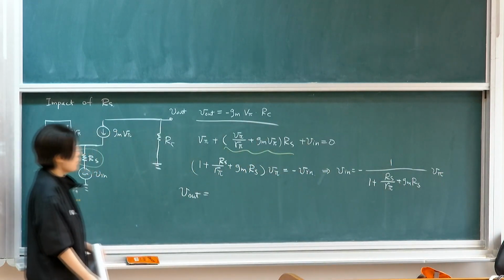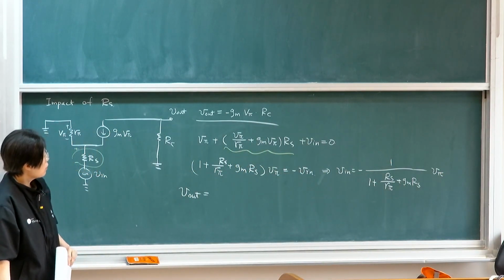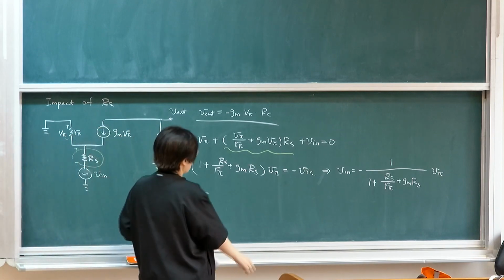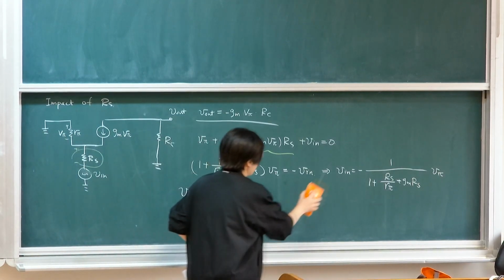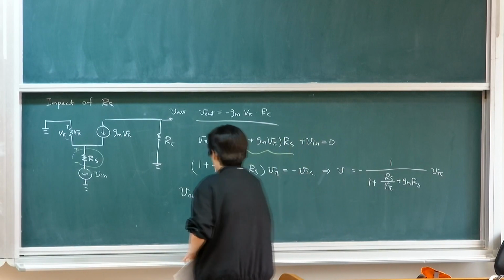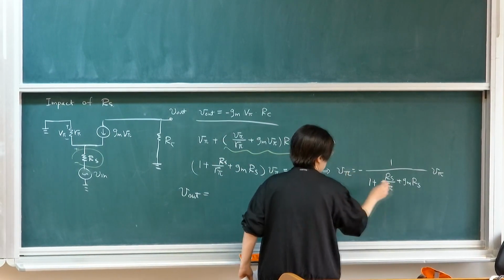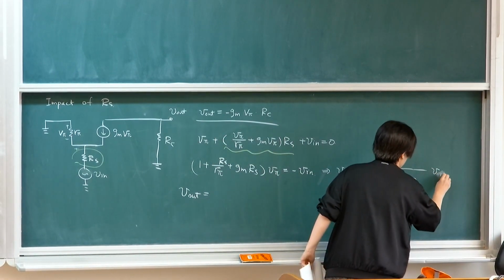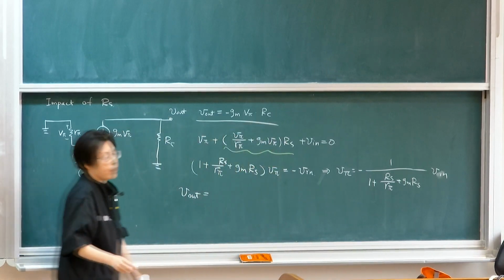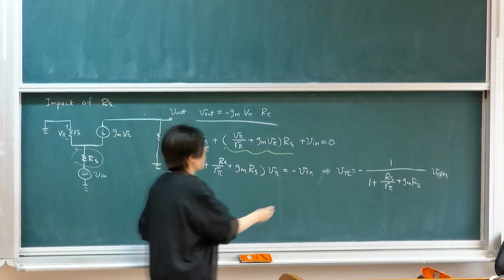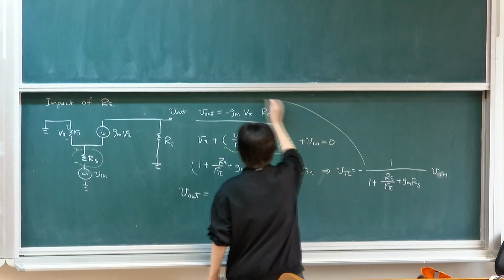Okay? Right? Did I get it right? Did I make a mistake? This is V pi. I wanted V pi in terms of Vn. I want to rewrite it as V pi in terms of Vn and then insert this back into this equation.